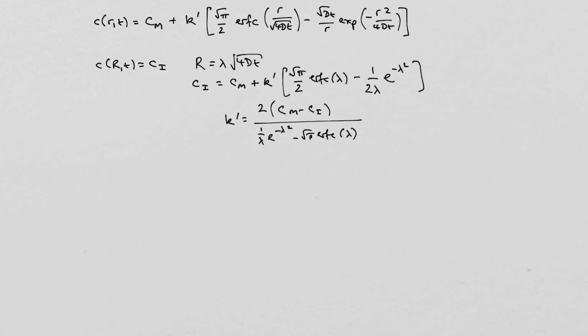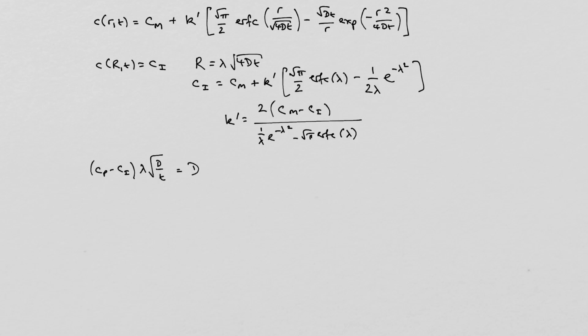Last but not least, for the fun bit, Cp minus Ci times R dot, big R dot, the rate of the velocity of the interface. So again taking a derivative with respect to time of this, I get a lambda root D over t from that, has to be D times the gradient of the concentration, that's dc by d little r.